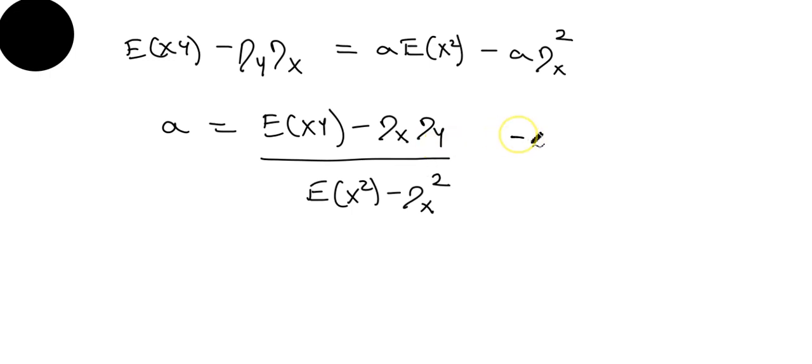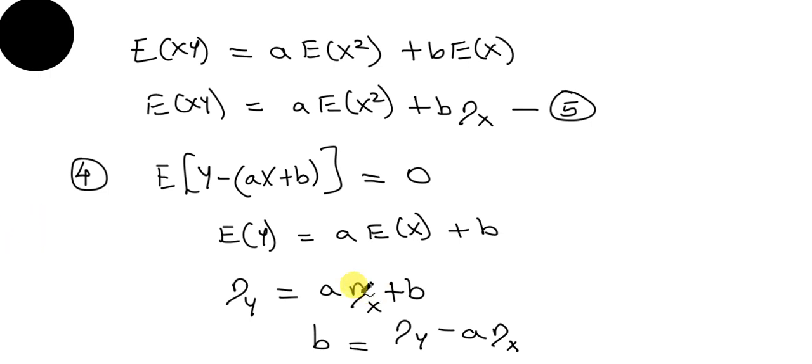Now consider E of xy minus eta x eta y. This in other words would give me mu xy divided by, in the denominator, it is nothing but our variance, which is the square of the standard deviation, and the standard deviation was given the notation sigma x, so variance would be sigma x squared. Once we have got a, resolving b would not be an issue.